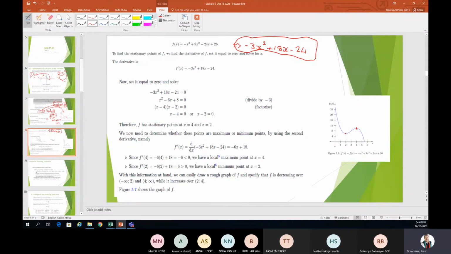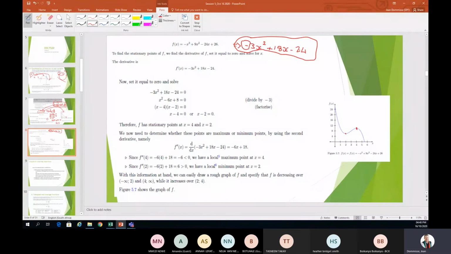What I would do from this point is, I hate working with a negative if it is in front, so I will try to simplify it. And you can see 3 goes in there, 3 goes in there, 3 goes in there.